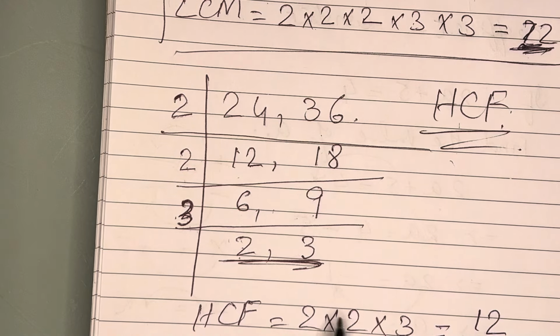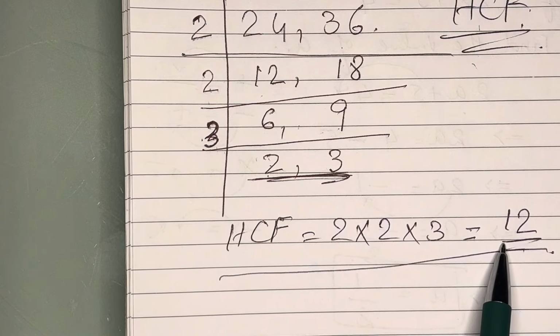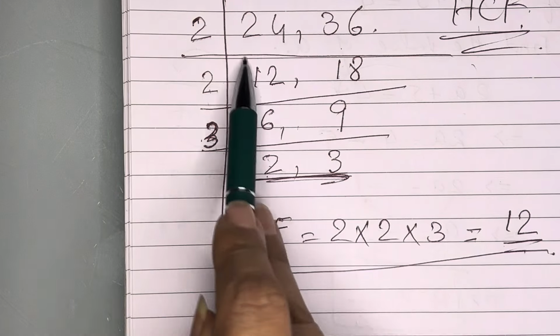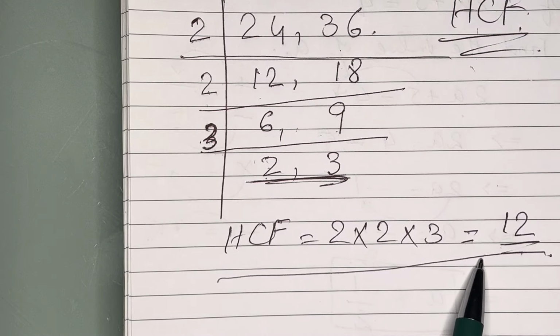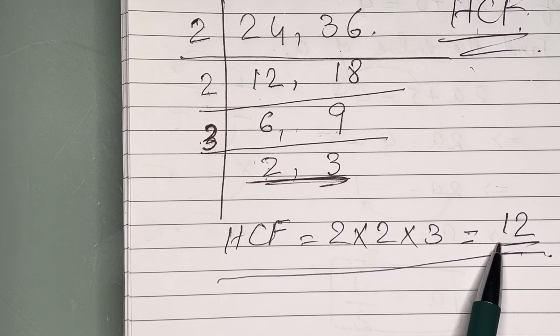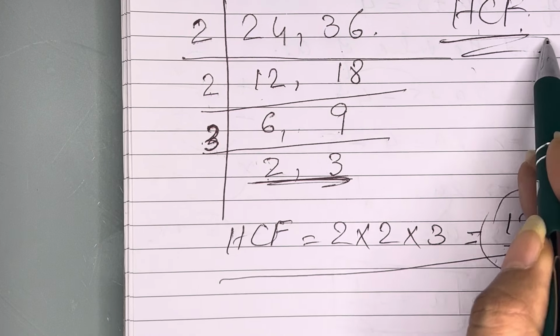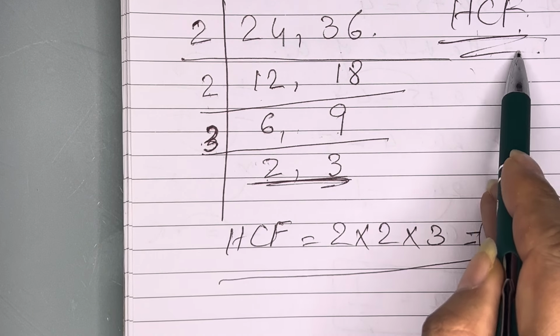But in case of HCF, the HCF will always be less than the individual numbers. For example, the HCF of 24 and 36 is 12, and this is smaller than both 24 and 36.